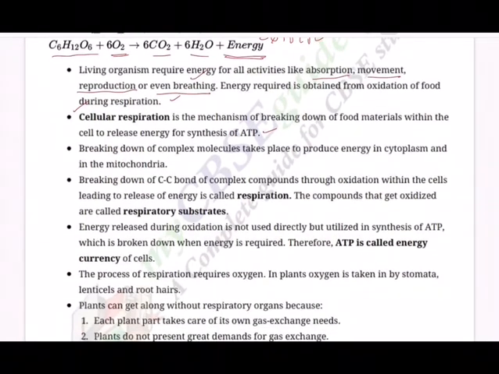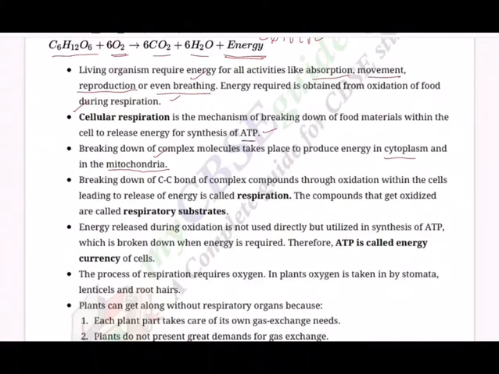The food that we eat will be broken down stepwise, and finally glucose will be formed, and glucose also stepwise will be broken down, and release of ATP takes place. Breaking down of complex molecules takes place to produce energy in the cytoplasm and of course mitochondria. That's why we call them powerhouses of the cell.